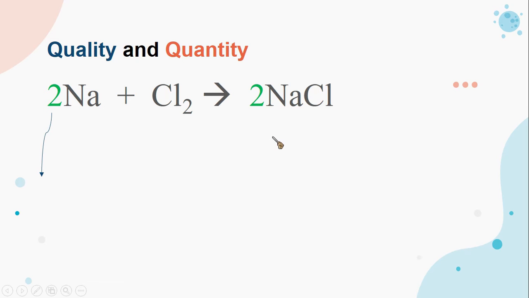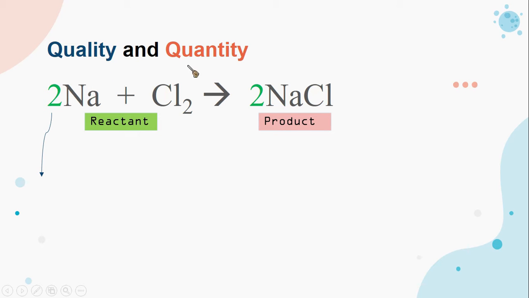This is the left side, this is the right side. So the Na plus Cl2 side, what is it? Reactant. Alright, so the left side is the reactant. The right side is the product. Okay, that is the aspect of quality.